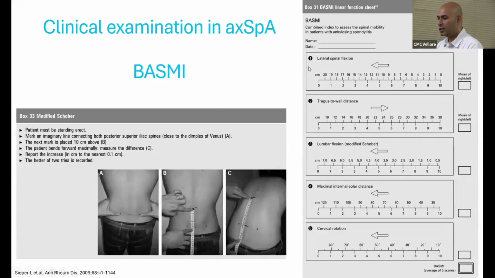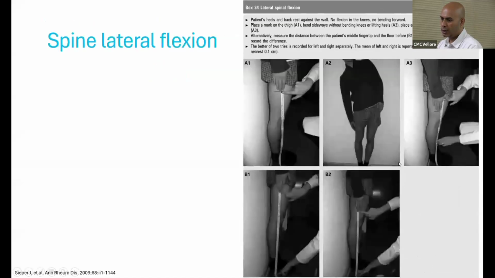Then you do a lateral spine flexion, which is essentially looking at your lumbar movement, tragus to wall distance, intermalleolar distance, and cervical rotation. I'll just show you the pictures of all these things. So this is how a lateral spinal flexion is done. Two ways. Easiest would be this.